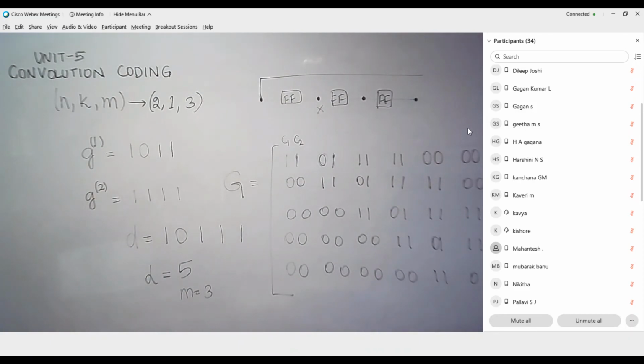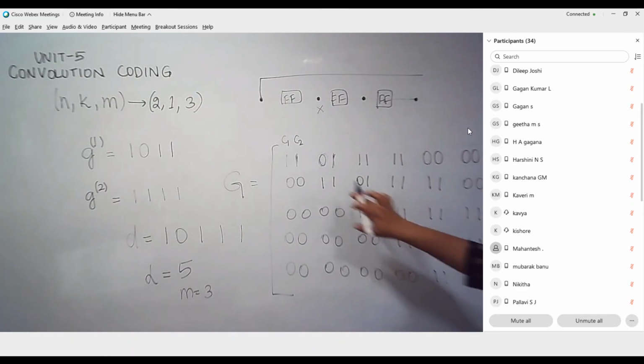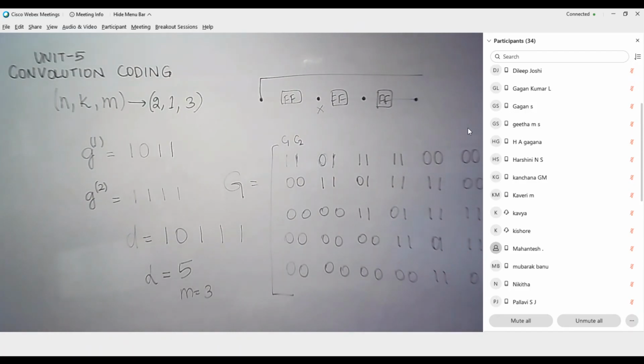So now we have come to the end of the generator matrix in the last row. Please continue this process until you have these 4 coming at the end of the last row.